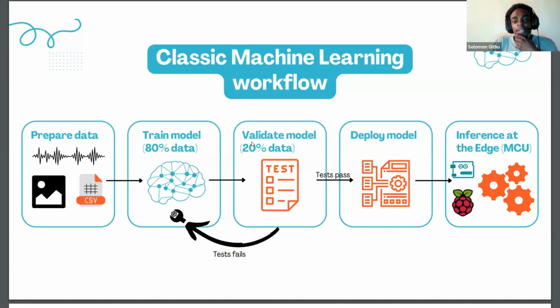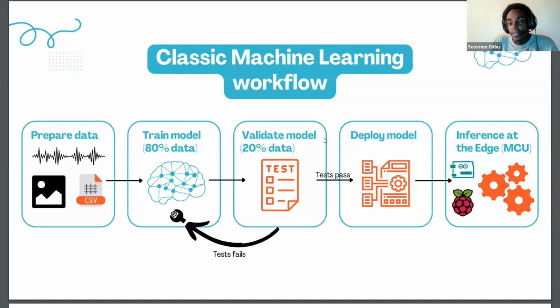After we train a model, we then need to validate the model. So we do a test on the model and see if the model has learned well. If the model has learned well, then we go to the deployment phase where we can deploy this model. Let's say we can deploy it in microcontrollers, like the Arduinos, the Raspberry Pis.